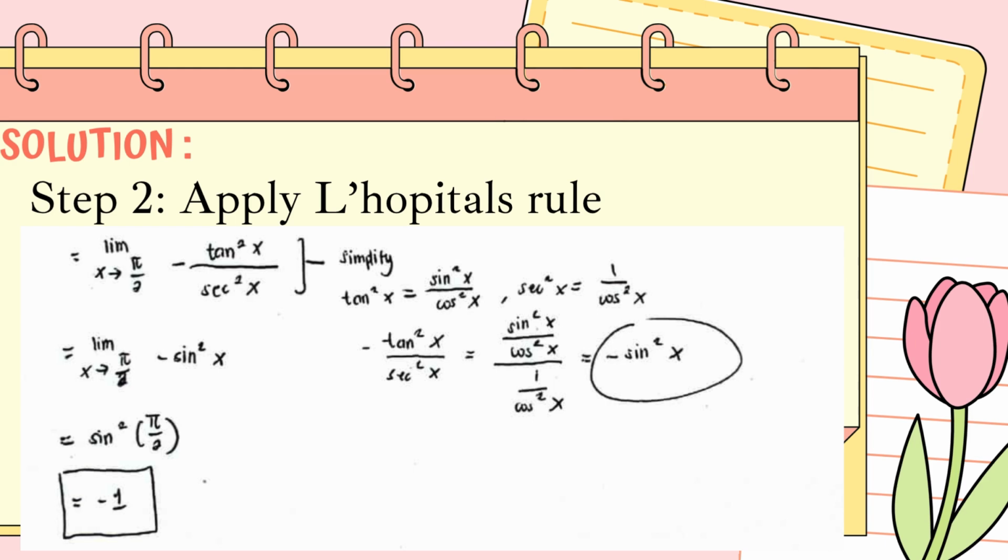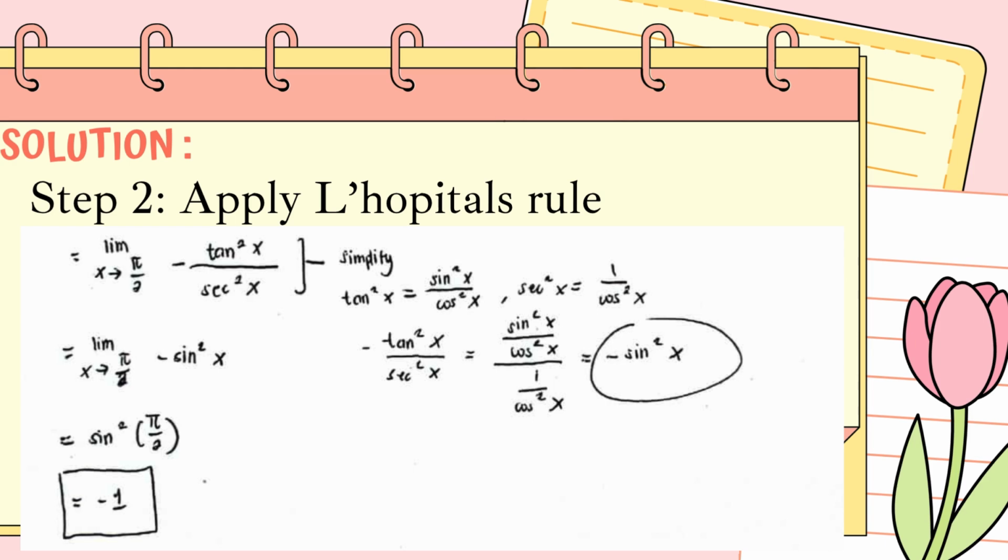To simplify negative tangent squared x over secant squared x, first tangent squared x is equal to sine squared x over cosine squared x, and second, secant squared x is equal to 1 over cosine squared x. So we get sine squared x over cosine squared x over 1 over cosine squared x.